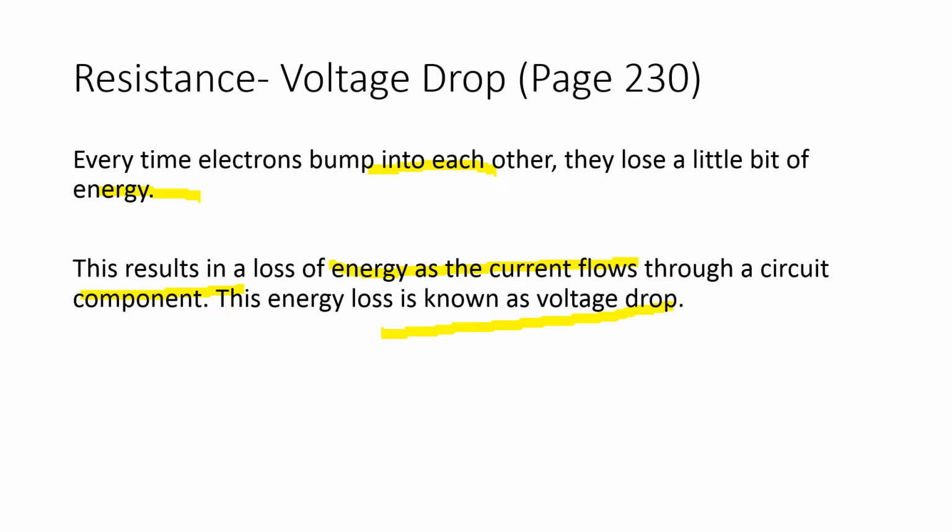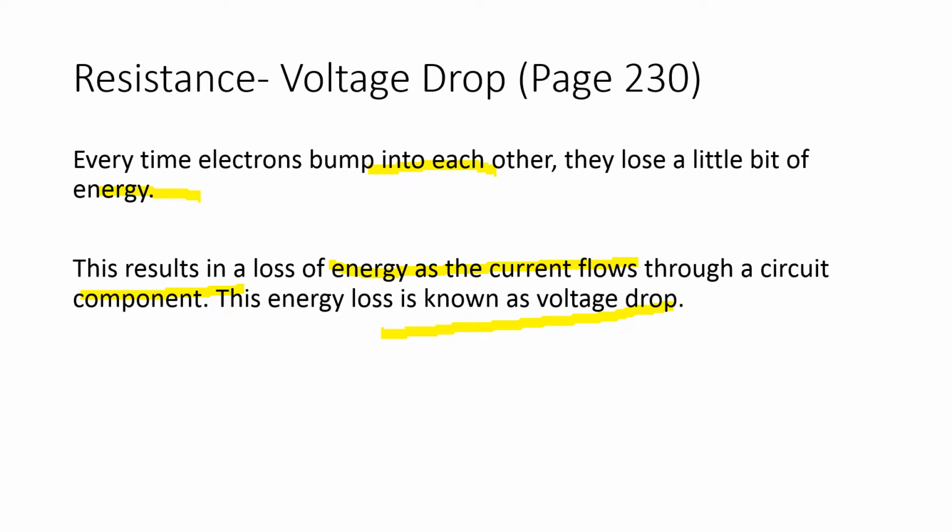Because of that voltage drop, it enables the light globe to light up and to release heat. So what it's trying to say is that when electrons are bumping into each other, that will result in loss of energy, because the current that is flowing through the circuit flows through the light globe, and in order to power the light globe, it will result in this voltage drop.